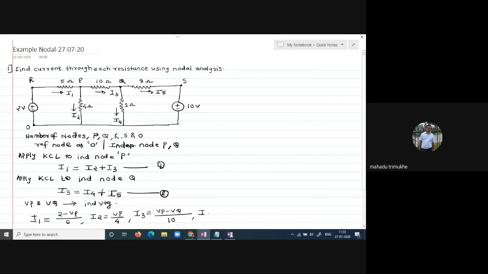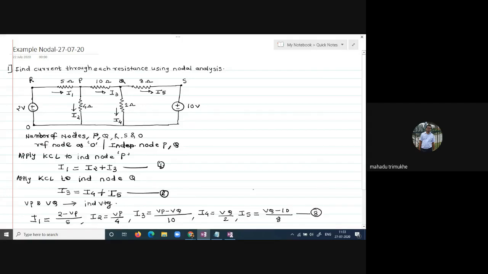I4 is equal to Vq by 2, and I5 is the current flowing from Q to S, which is (Vq minus 10) divided by 8. That is equation number 3.